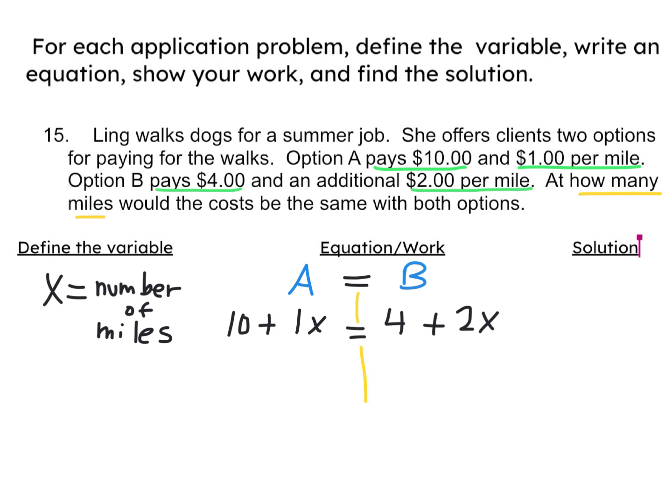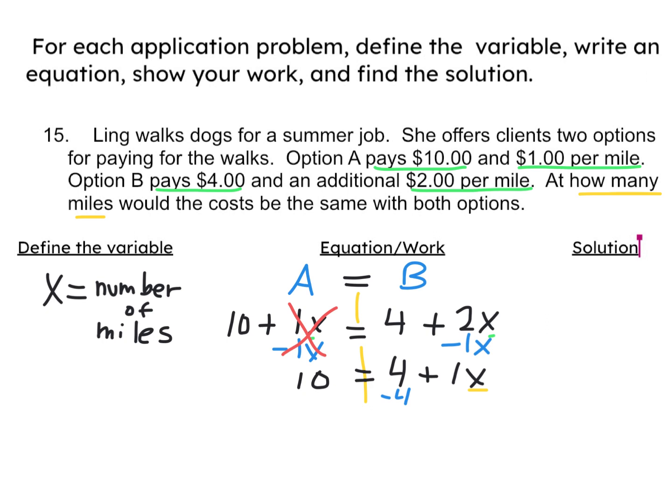So we have variables on both sides. Do you see them? So let's get our letters together first using those inverse operations. I'm going to move the smaller letter to the bigger letter, just the way I like to do it. And on the left side, we're left with 10. And on the right side, we're left with 4 plus 1x. Okay, continue isolating the variable. So here, our variable now is on the right.